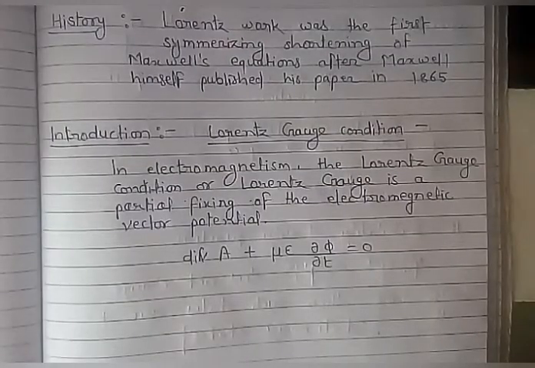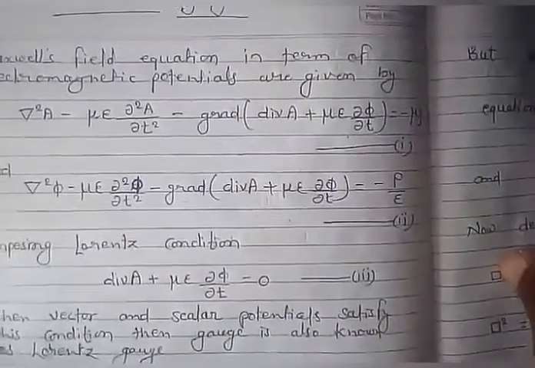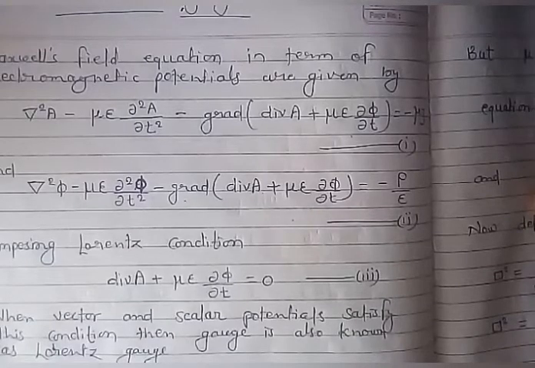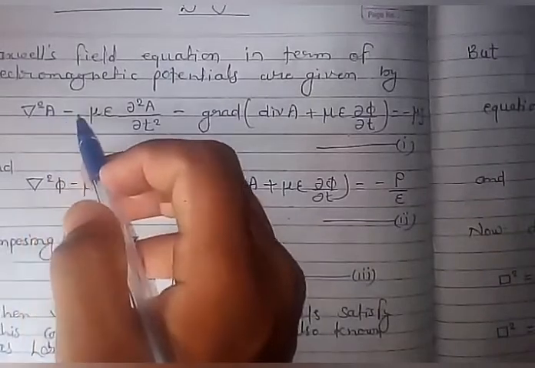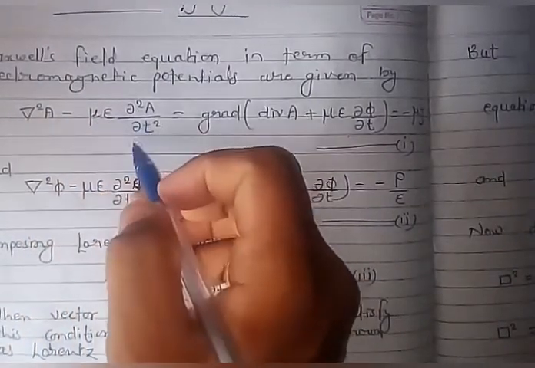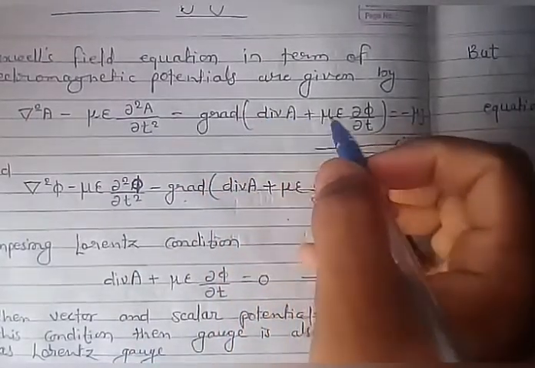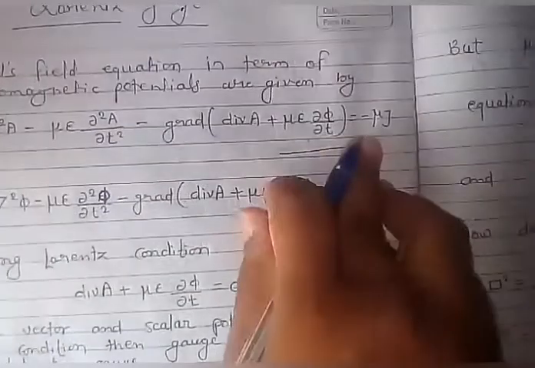Now we will describe the Lorentz gauge for mathematical expression. Here Maxwell's field equations in terms of electromagnetic potential are given by: delta square A minus mu epsilon del square A upon del t square minus gradient of divergence of A plus mu epsilon del phi upon del t equal to minus mu j.